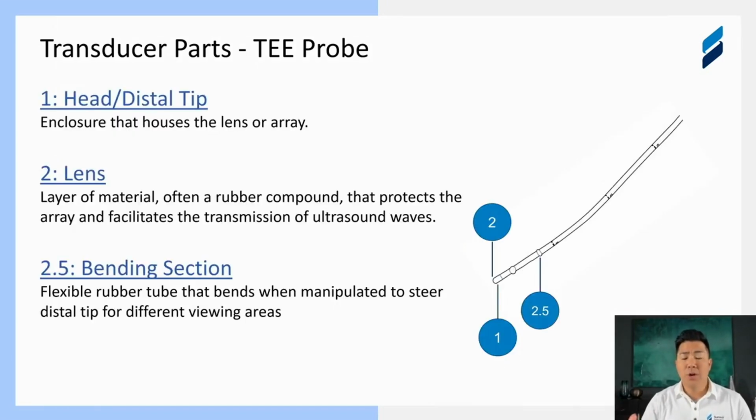All right, we're going to start on the tip of the probe, the most sensitive area of the probe. It contains the crystal and is really what is doing the heavy lifting to send and receive sound to get an image of the heart. At number one, we're going to talk about the head and distal tip. On the TEE probe here, that is this section.